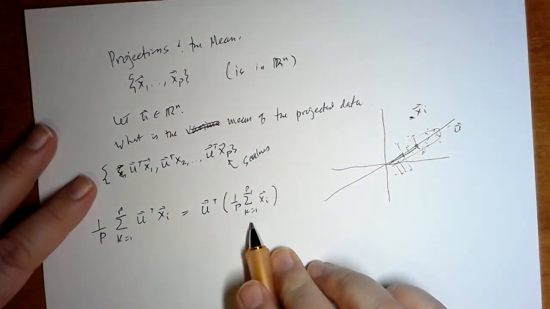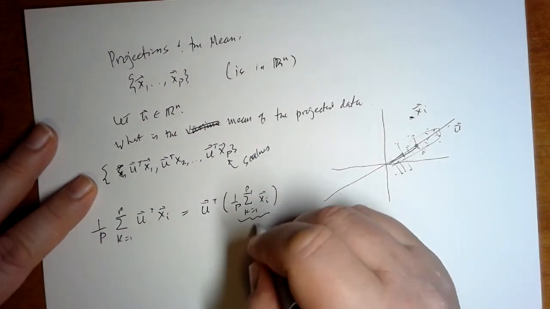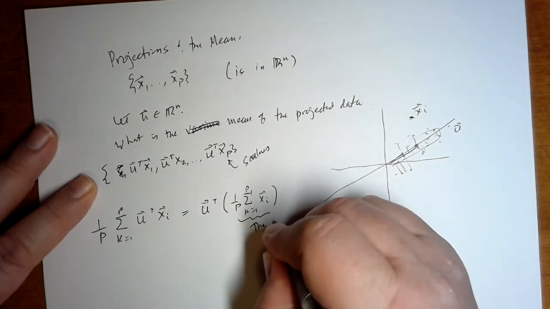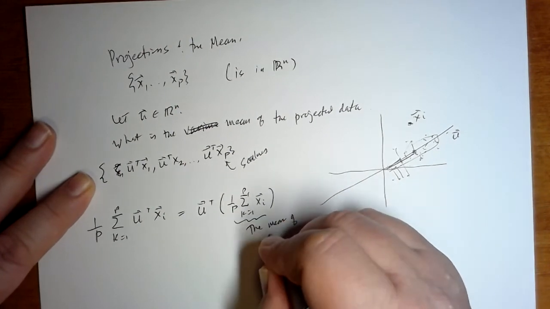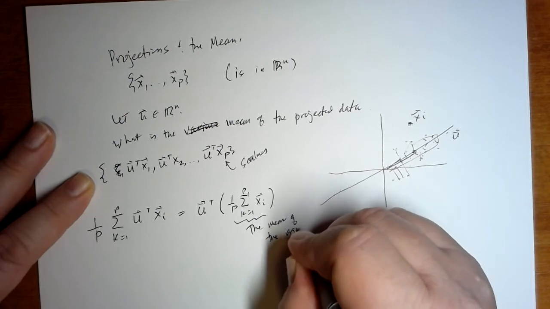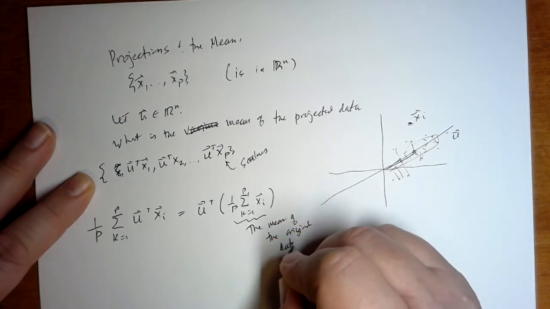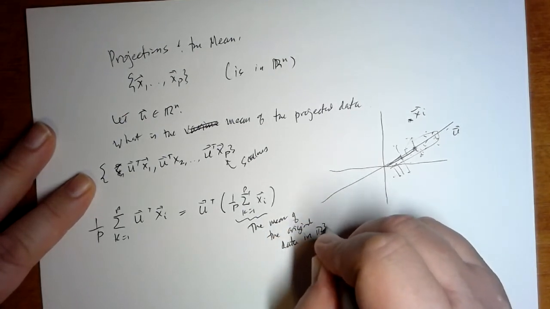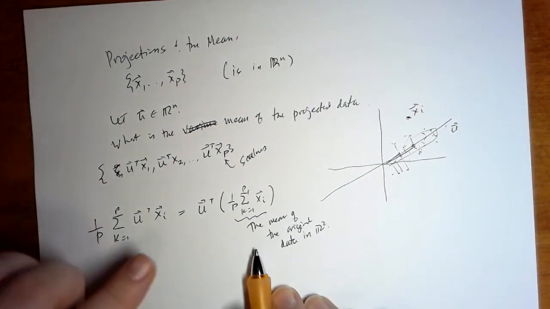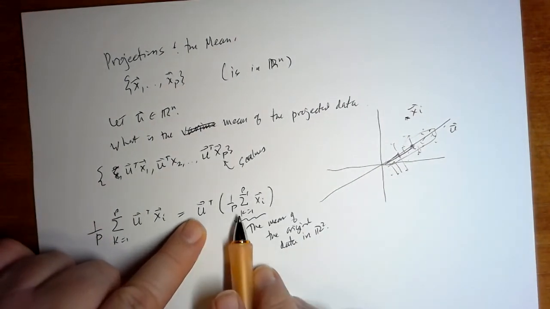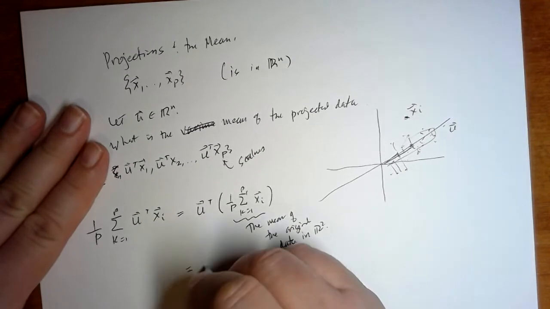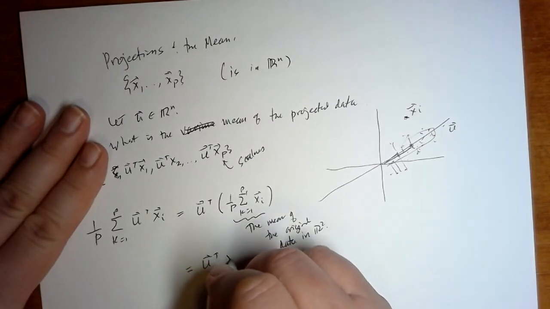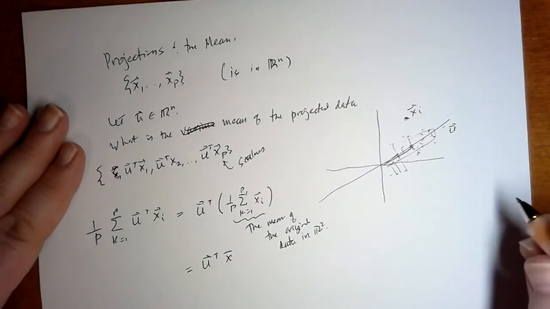And what is this? This is going to be the mean of the original data in R2. And so what's happening is you're projecting the mean. This is u transpose x bar. So what does that mean?